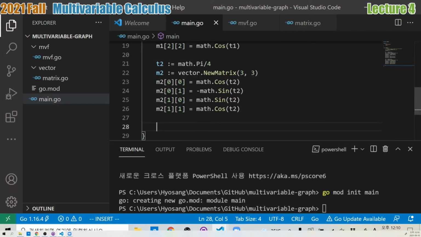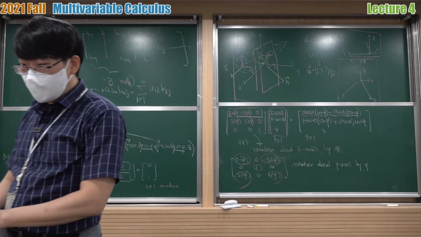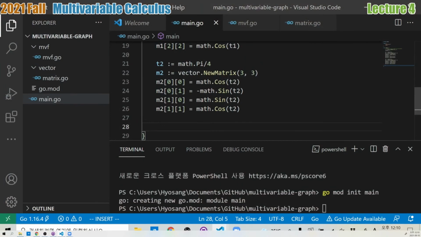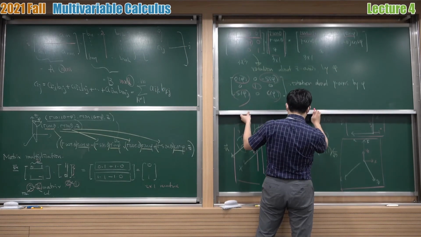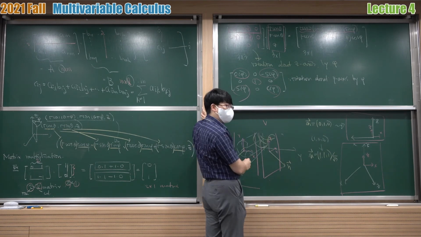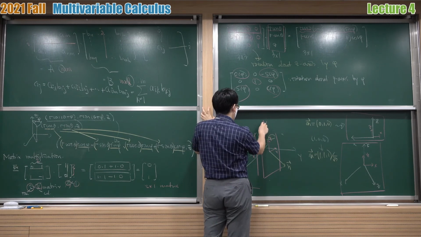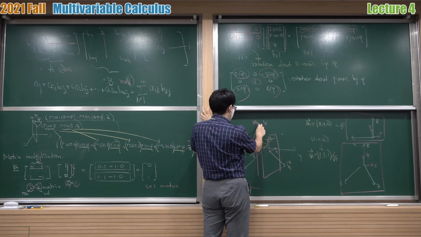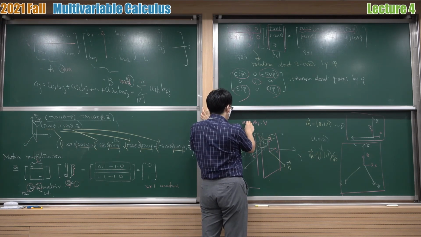Now we have to make a multiplication. Let me write that here first. We have V as our vector starting from 1, 0, 0, and apply M1 and then apply M2.